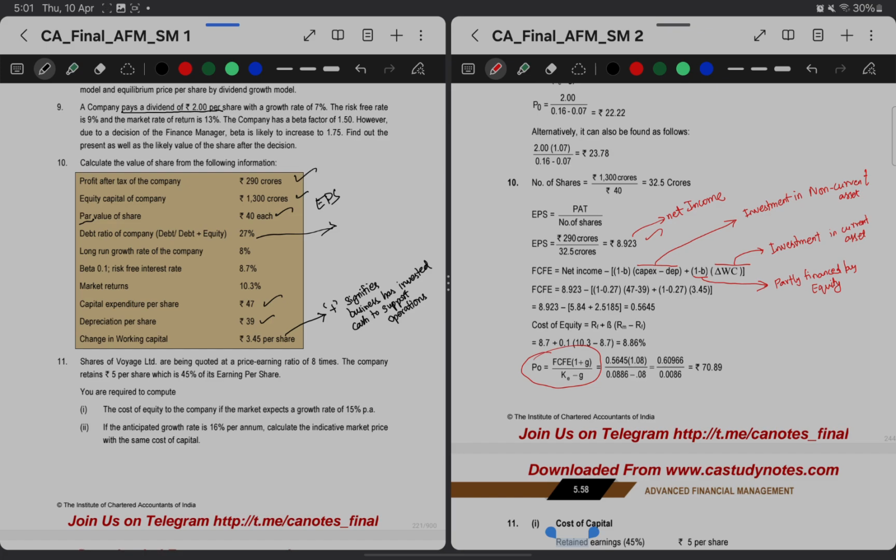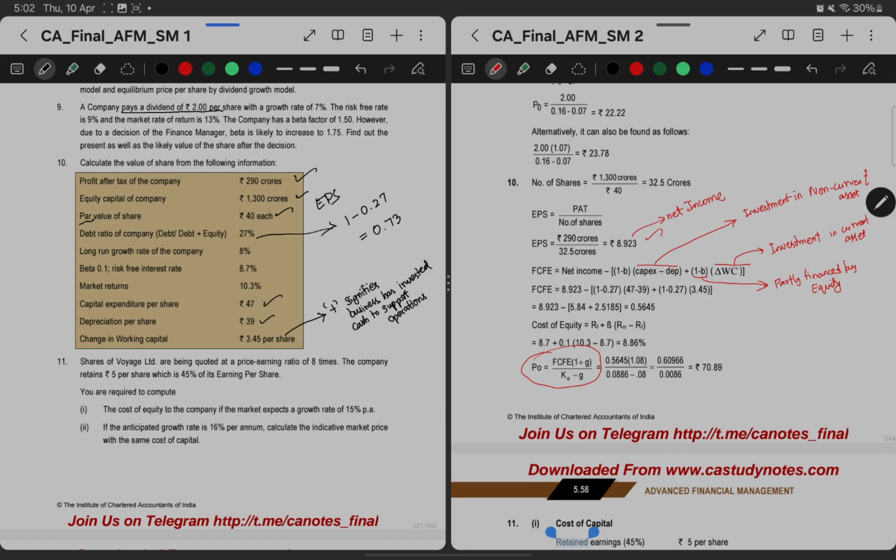The rest of the portion will be borne by equity shareholders. So 1 minus 0.27 will give us 0.73. This much portion will be borne by our shareholders. That percentage of expenditure should be reduced from this net income.